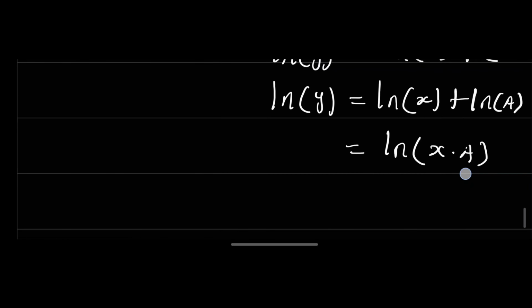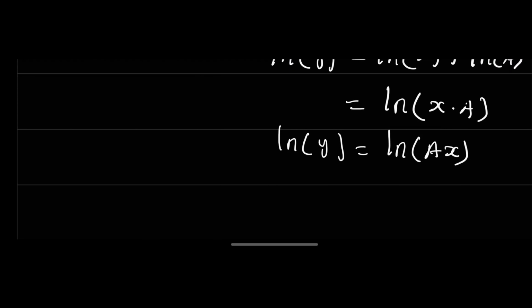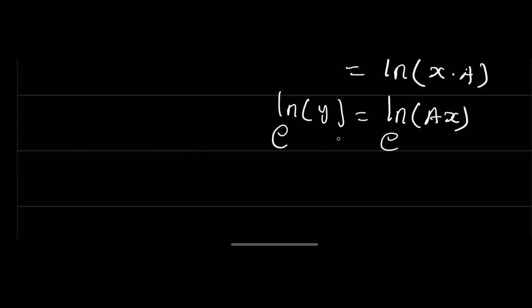So this is it. You end up having natural log of y is equal to natural log of ax. If the logs are equal, then that means the arguments happen to be equal. If you don't want to think about it that way, you can take antilog of both sides. So if you take antilog of both sides, you get y equal to ax, and that is the general solution.